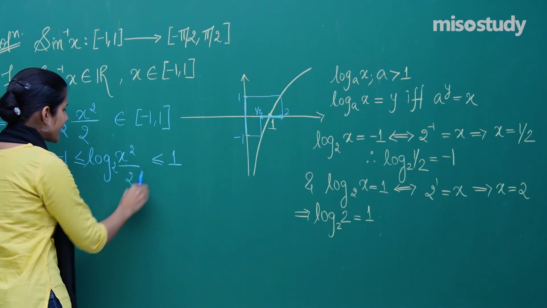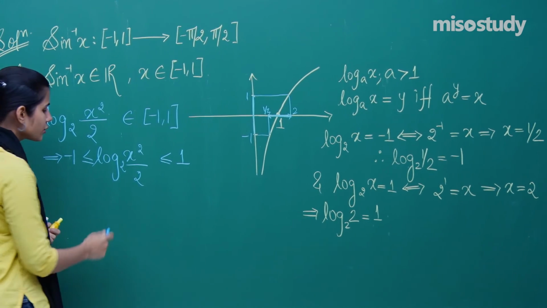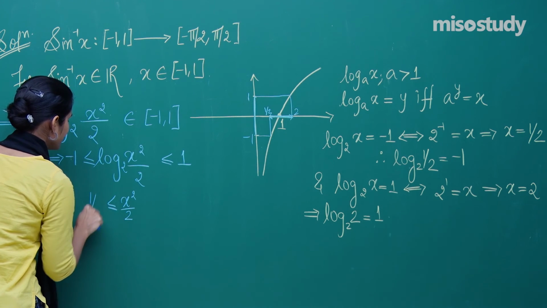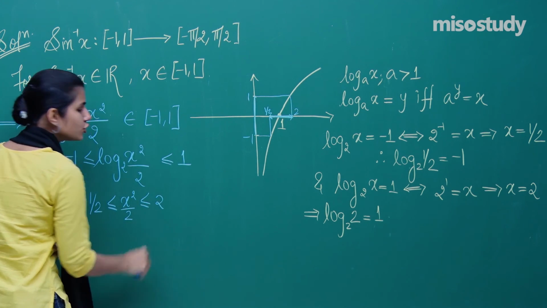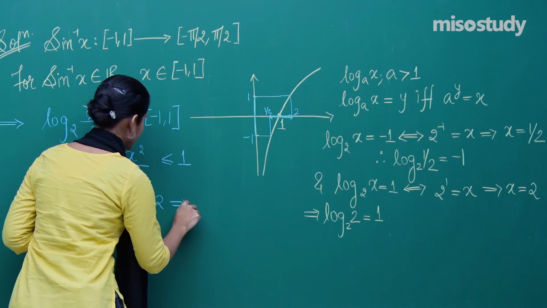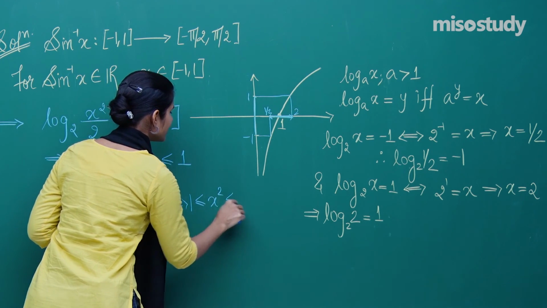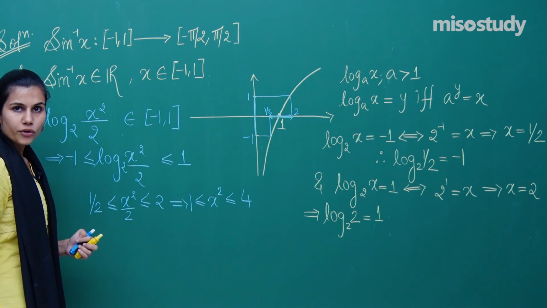That means log of x square by 2 is lying between minus 1 and 1, provided x square by 2 is lying between half and 2, which implies 1 is less than equal to x square is less than equal to 4.